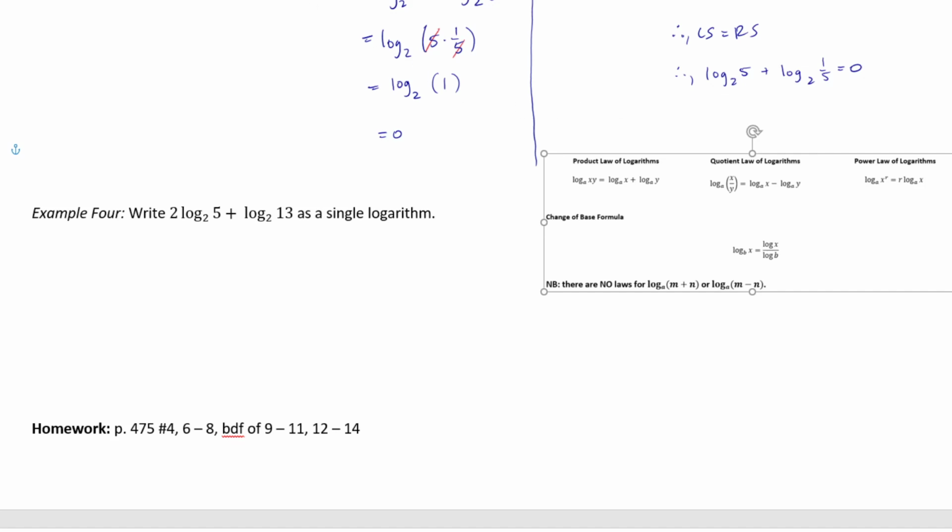So I could take this 2 right here and, using the power law, put that as an exponent on the 5. So I'm going to rewrite this. Instead of writing 2 log 5 base 2, I'm going to reverse the power law and write log 5 to the power of 2 base 2 plus log 13 base 2.